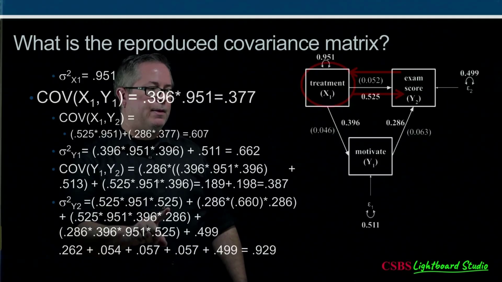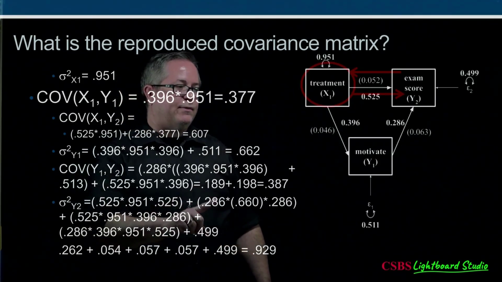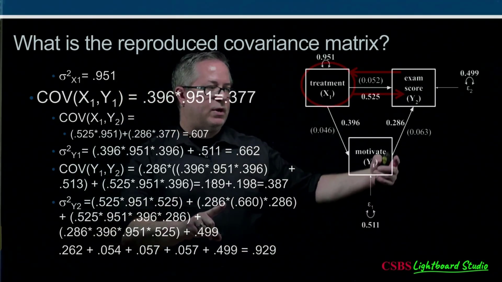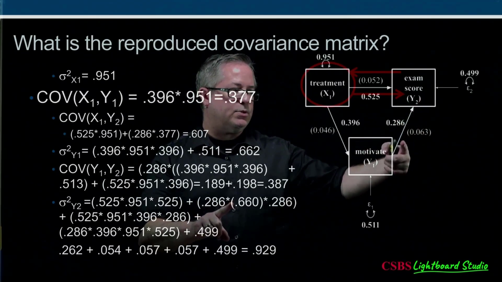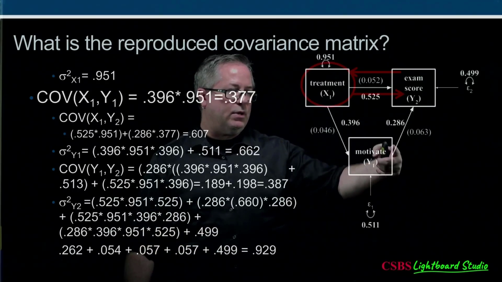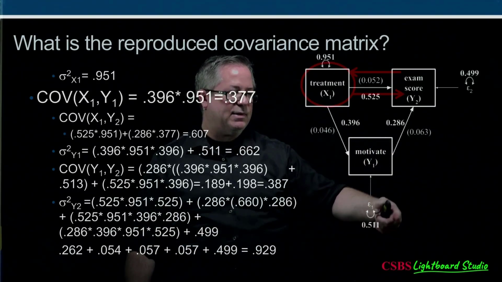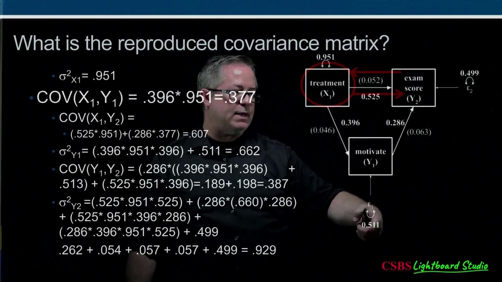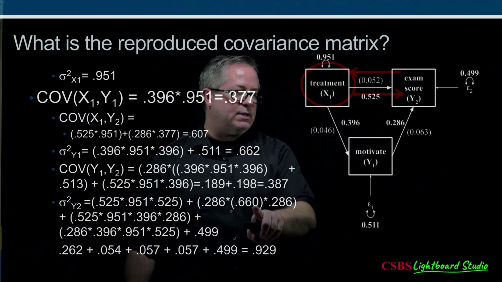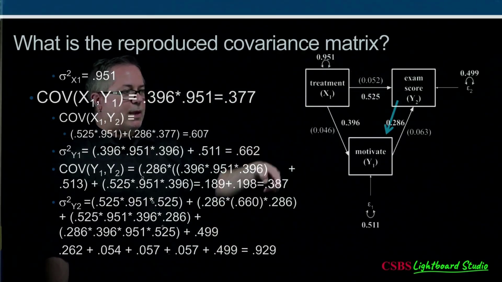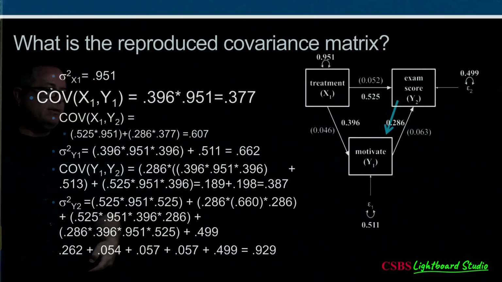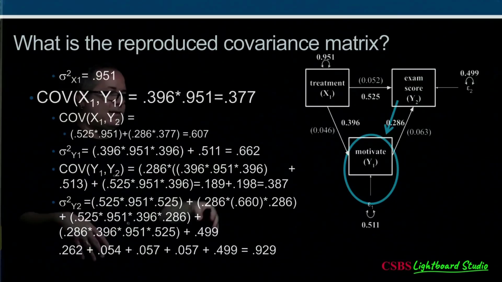Okay. So we also have the direct path from y2 to y1. I can go y2 backwards to y1, but when I do that, I need to include the entire variance of y1, not just the path. That's why that 0.660 is in there again. All right, so let me go y2 back to y1 times the entire variance, right?